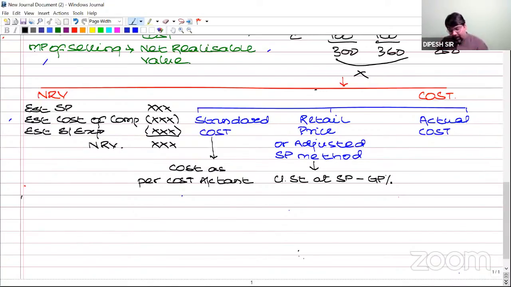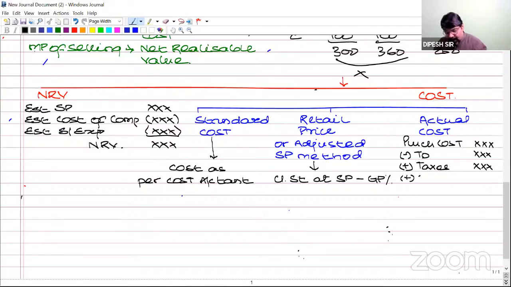How do we calculate the cost? That is purchase cost less trade discount, add taxes, add conversion cost.